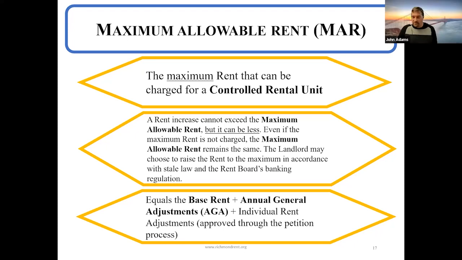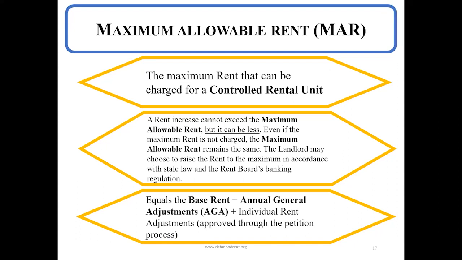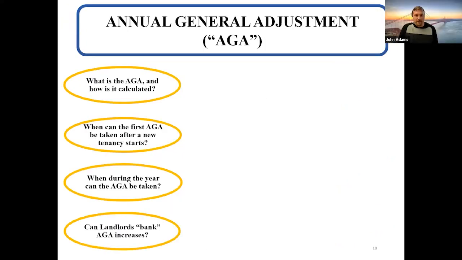And the petition is a process by which the landlord or tenant can ask, sort of one time ask or one event of asking to adjust the maximum allowable rent, to adjust the MAR. Y el proceso de petición es una vez que el propietario puede pedir que se ajuste estas cantidades. Now I'm going to sort of explain what the annual general adjustment is.